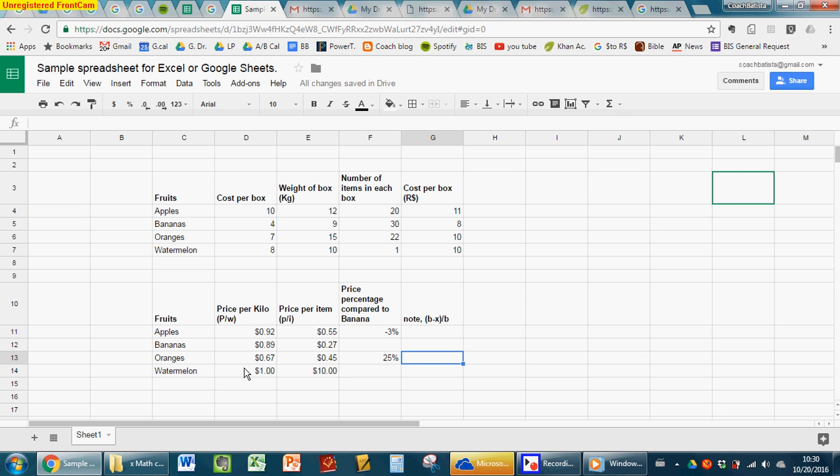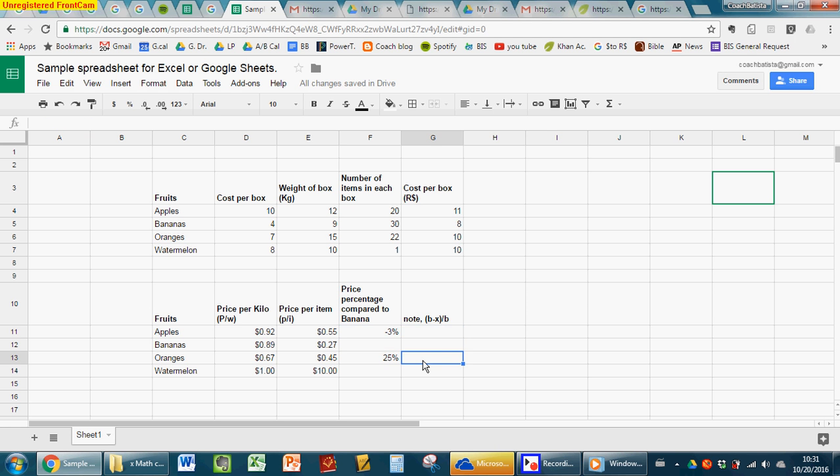So this shows that oranges are 25%. Actually, this is showing that orange is 25% cheaper. No, I'm sorry. This is talking about bananas. The banana is 25% cheaper. Okay.